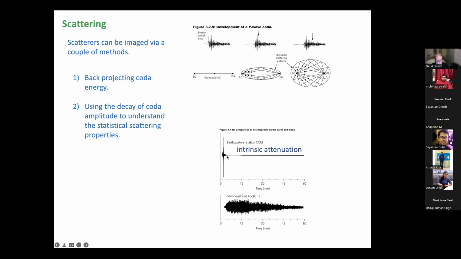From the earthquake to the time when things are damped out is less than 5 minutes. Whereas if I look at a moonquake, the moon energy just goes on forever and ever. It doesn't go on forever, it does damp out, but it undergoes a lot less attenuation.